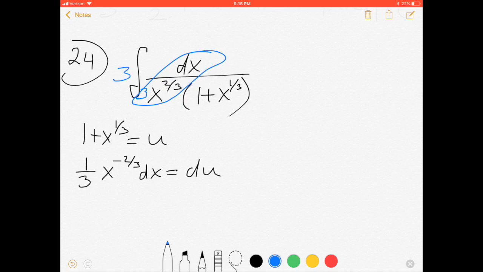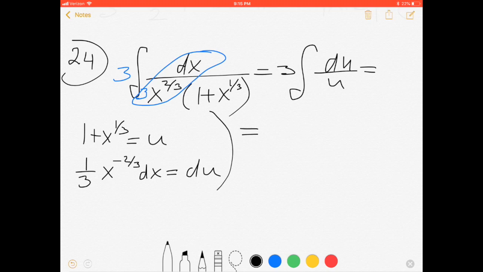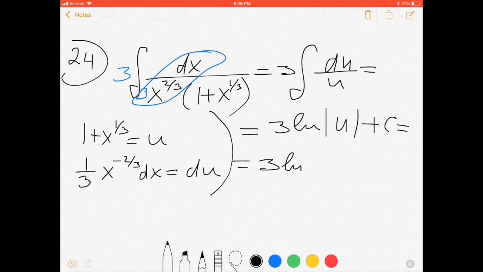Now I can rewrite the integral as 3 times the integral of du over u, which is 3 natural log absolute value of u plus c, giving 3 natural log absolute value of 1 plus x to the power 1/3 plus c.